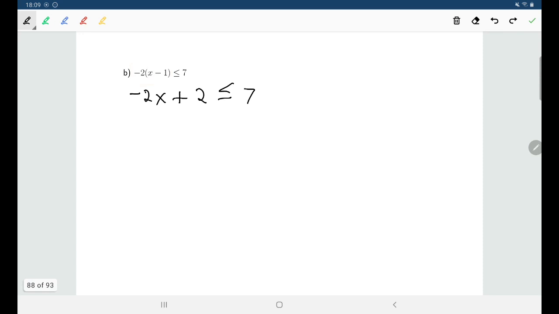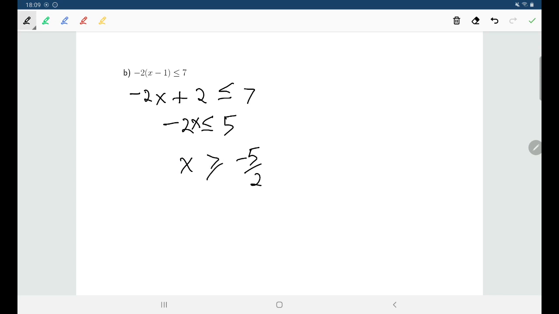so I don't switch the direction of my inequality. However, when I get to this point here, after I've moved the 2 to the other side and I've now got -2x less than or equal to 5, if I want to divide both sides by -2, and I do, that will have the effect of switching the order of my inequality.